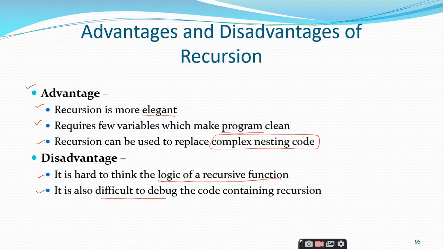At which function call the problem has arisen is very difficult for the programmer to identify. So it is very difficult to debug code containing recursion. With this discussion of advantages and disadvantages, we will put an end to our discussion of recursion.